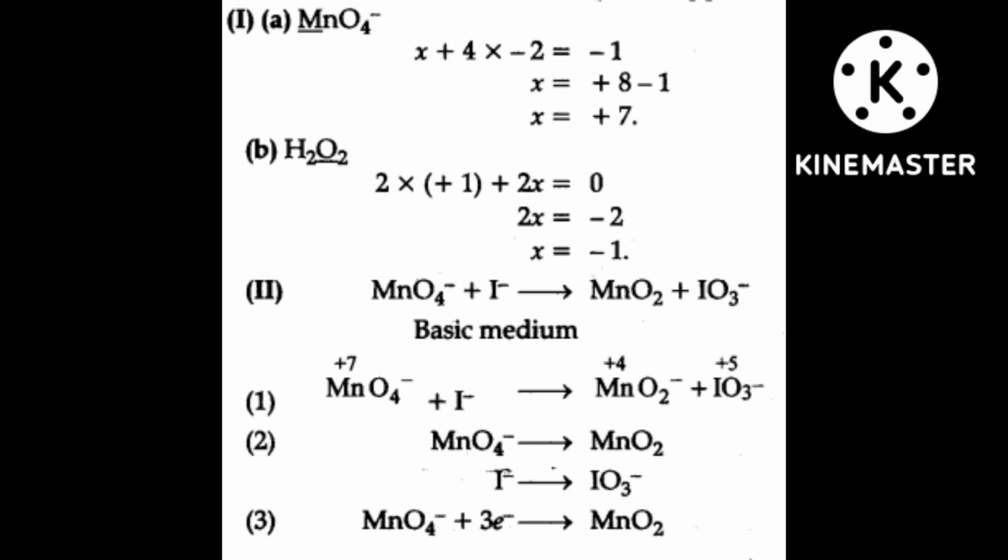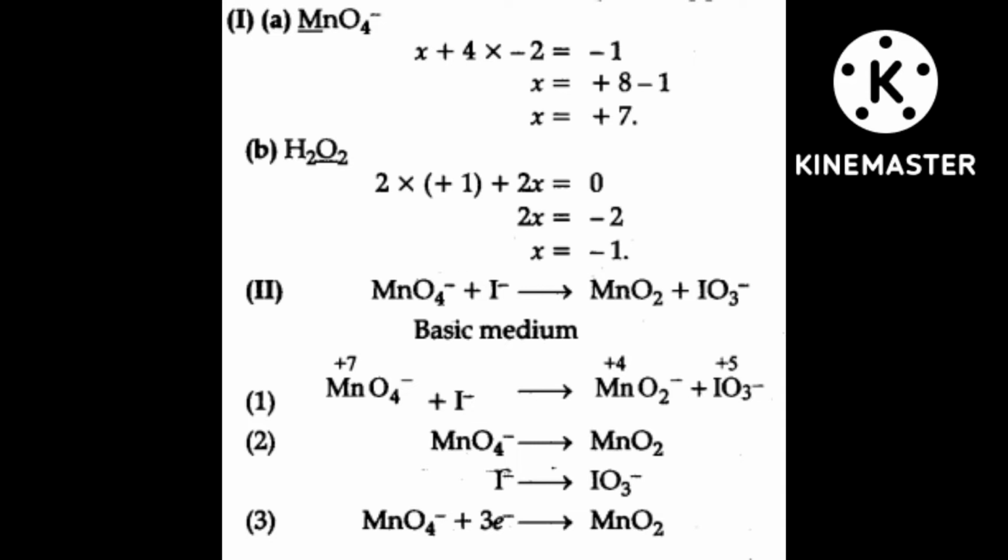Just listen. The first element of each of the groups 1 and 2, that is lithium and beryllium, and groups 13 to 17, we are talking about the period.